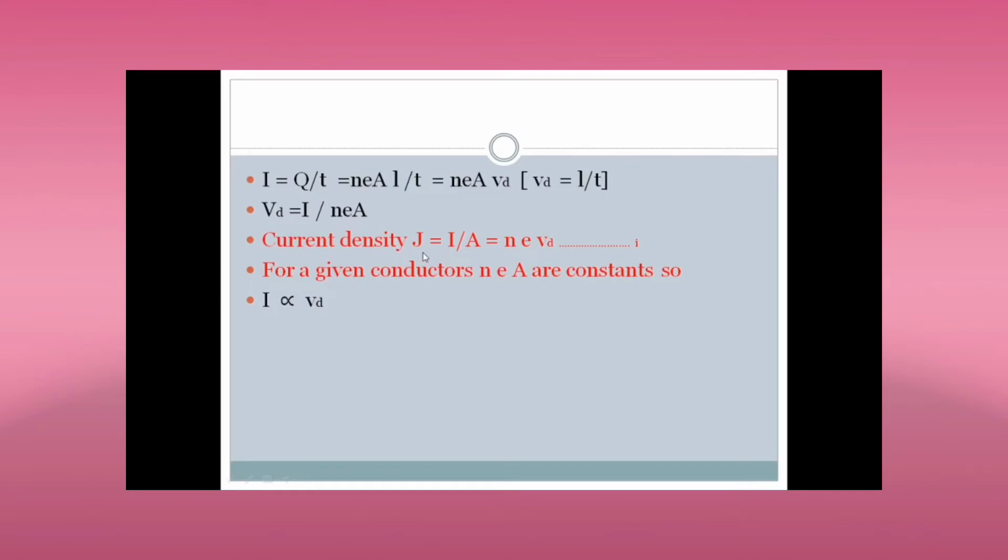Current density is denoted by J and is equal to current per unit area. So leaving I and A on the right side, transposing ne to the left hand side, you will get J is equal to nevd. Now for a given conductor, n, e and A are constants. It means that I is directly proportional to vd, that is, current flowing through a conductor is directly proportional to the drift velocity.